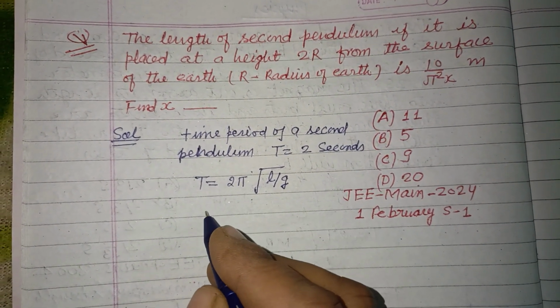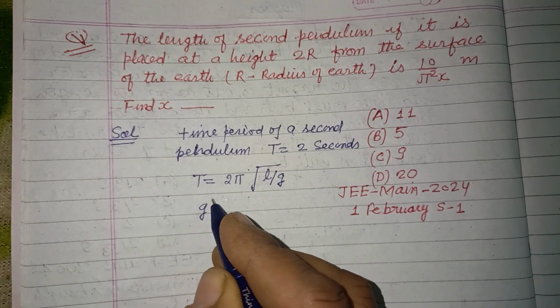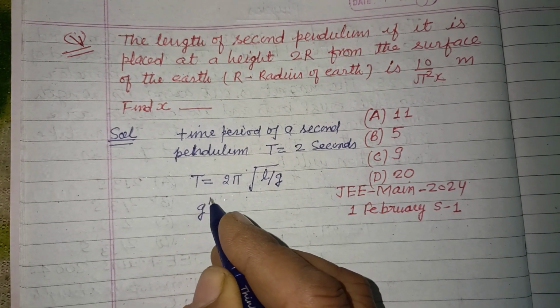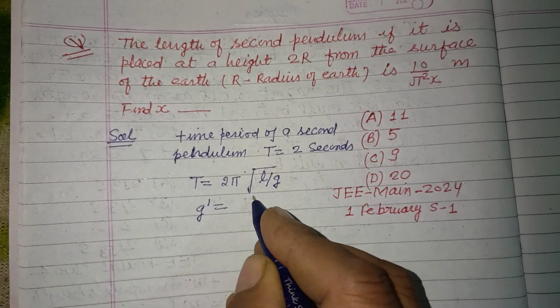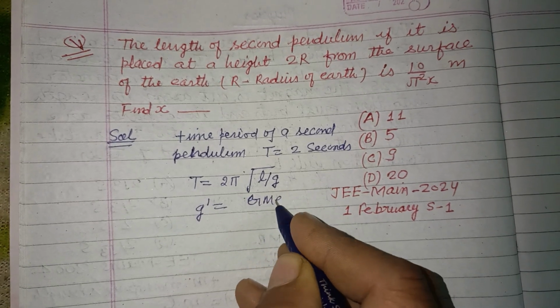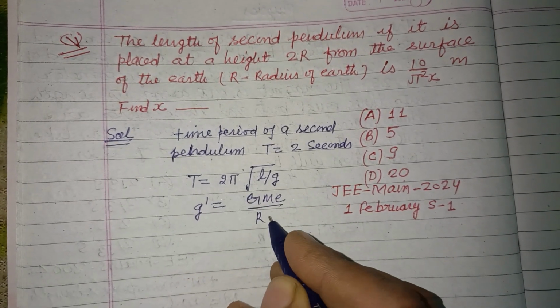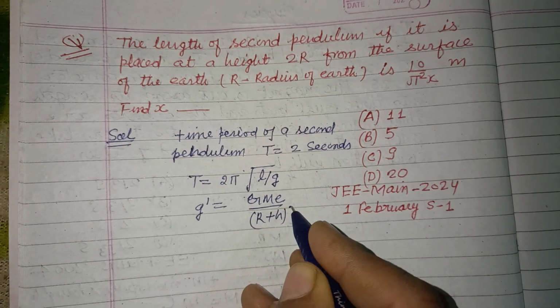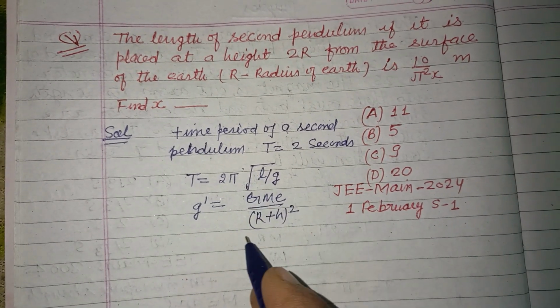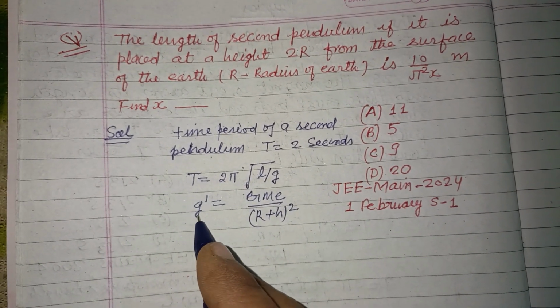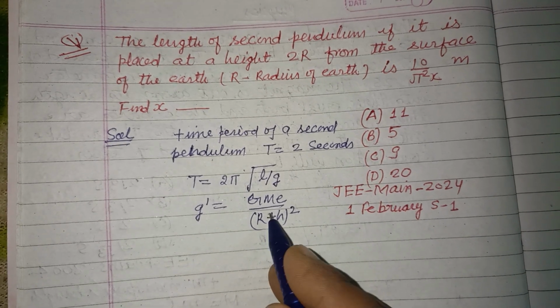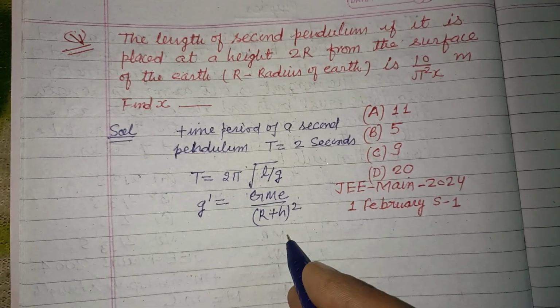So here we take g dash equal to GM_E over (r plus h) whole square. This is the value of gravitational acceleration at a height h from the earth's surface.